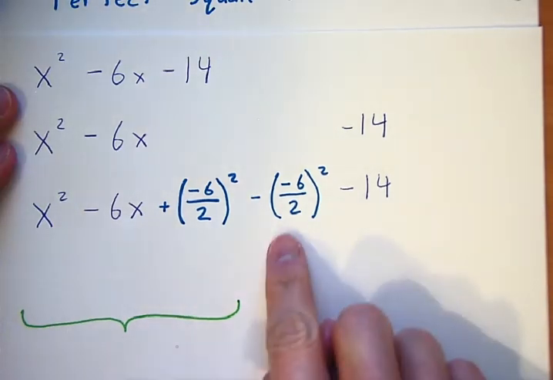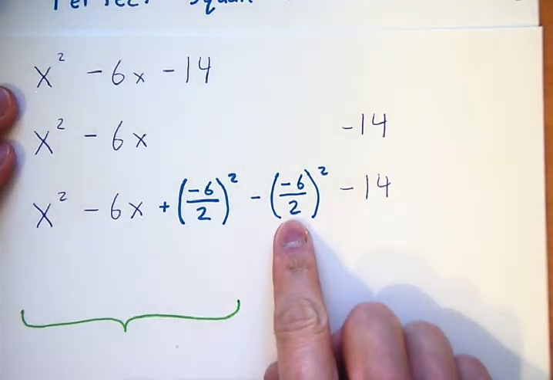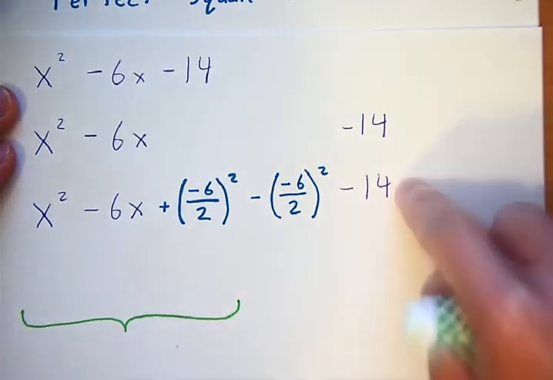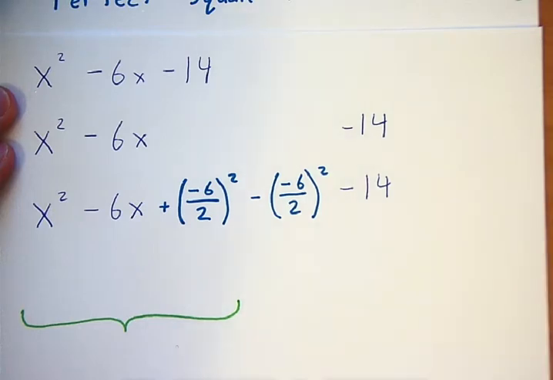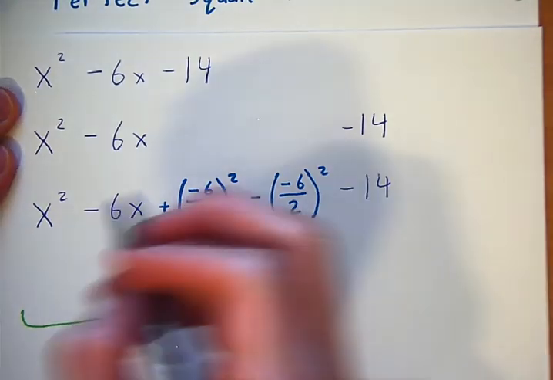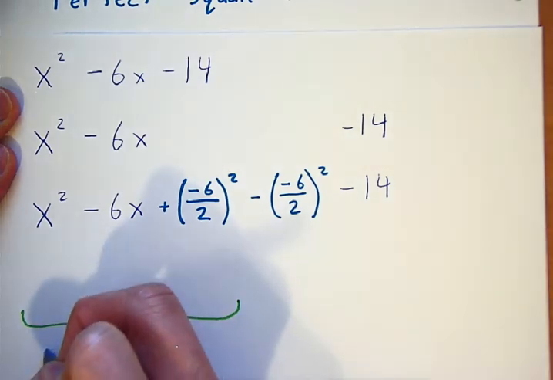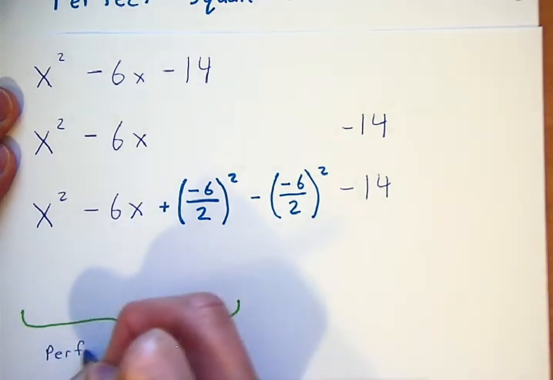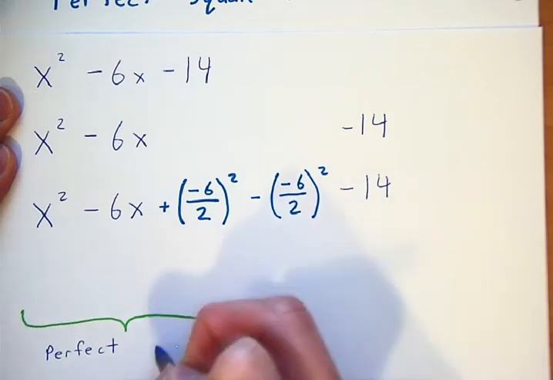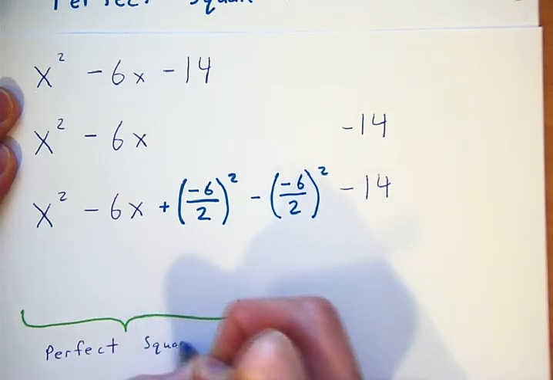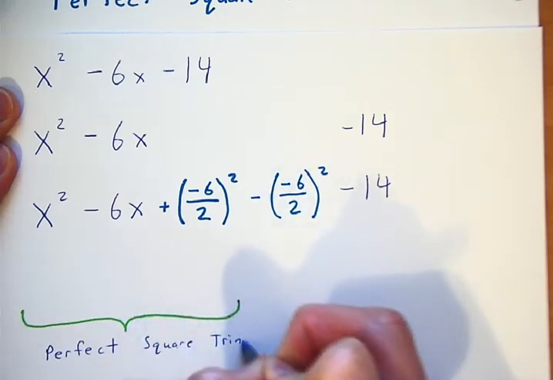And I did this part right here in order to keep these two lines the same. This is now going to be a perfect square trinomial.